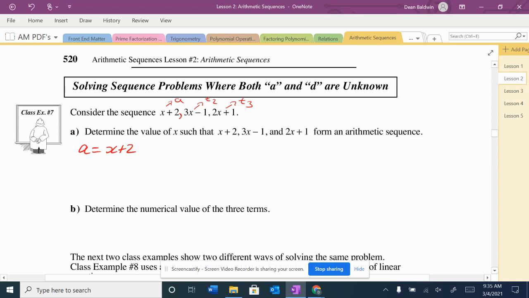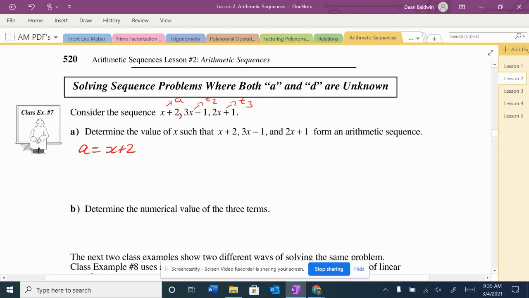What is your D value? How do you find your D value? Just tell me in words how to find a D value. Yes, you take the term in front and you subtract the term behind it, right?